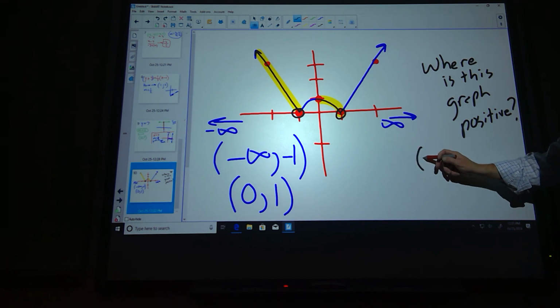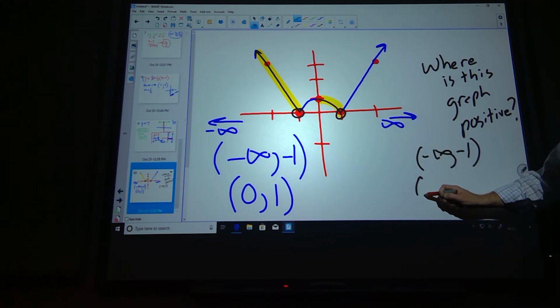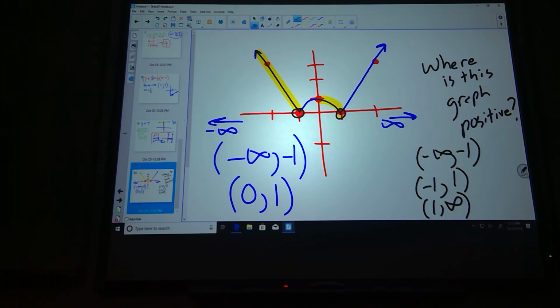So from negative infinity to -1, from -1 to 1, and from 1 to infinity, that's where the graph is positive. Positive means it's all above the x-axis. Why do I break it up like that? Because 1 and -1 are sitting at 0, and 0 is not positive.